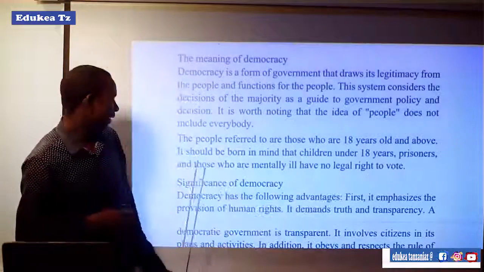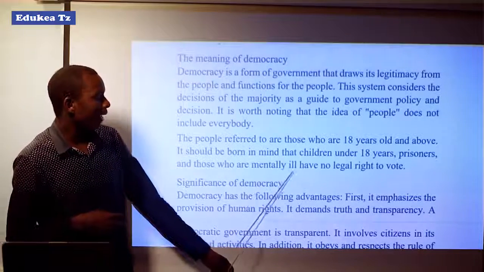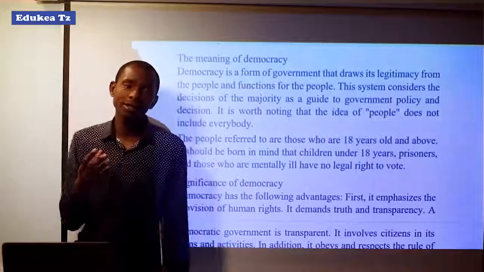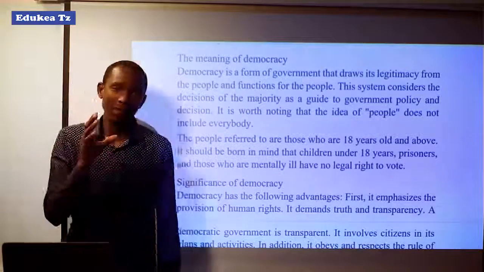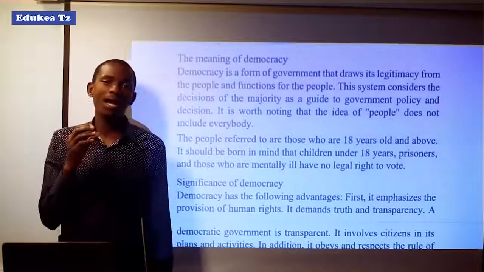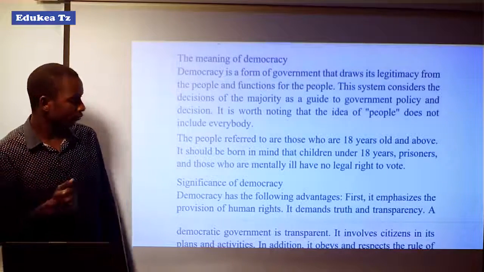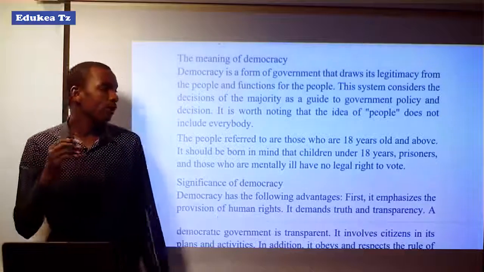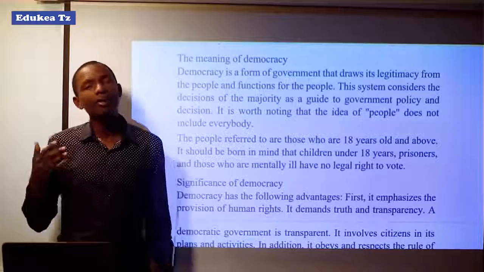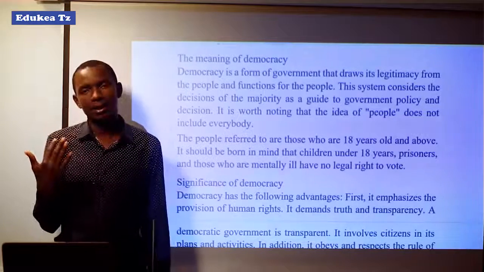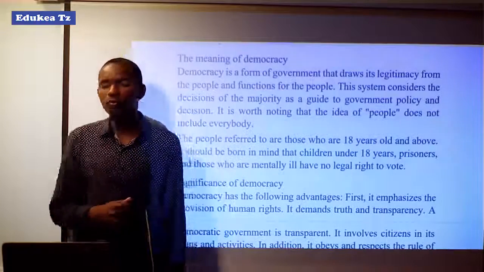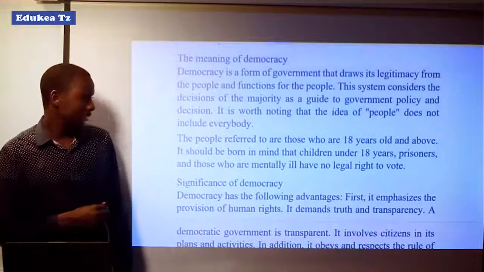Prisoners and those who are mentally ill have no legal right to vote. In a democratic government, all people who are in prison and all people who are mentally unwell are not allowed to vote or to be voted for.